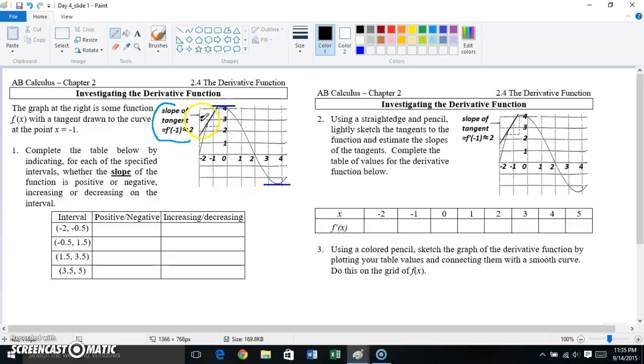So they've just drawn a tangent line and used that tangent line in the grid to estimate the slope. I have two other tangent lines drawn on this graph. The tangent line at the peak and the tangent line at the valley. And looking at those lines, they look horizontal, which means the slope would be 0.